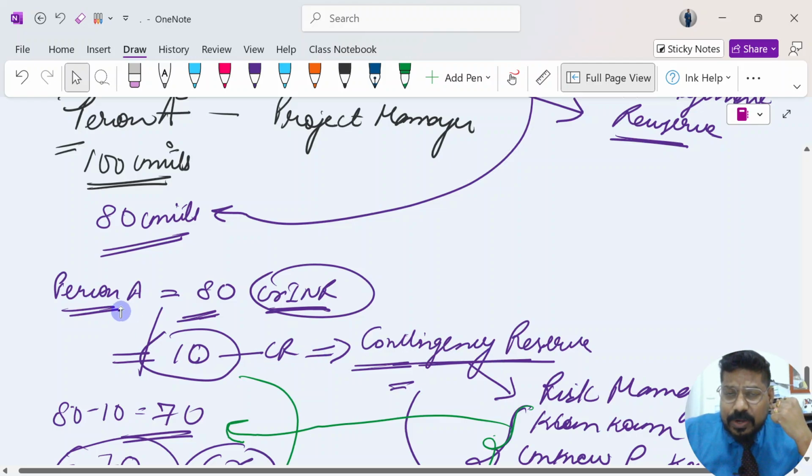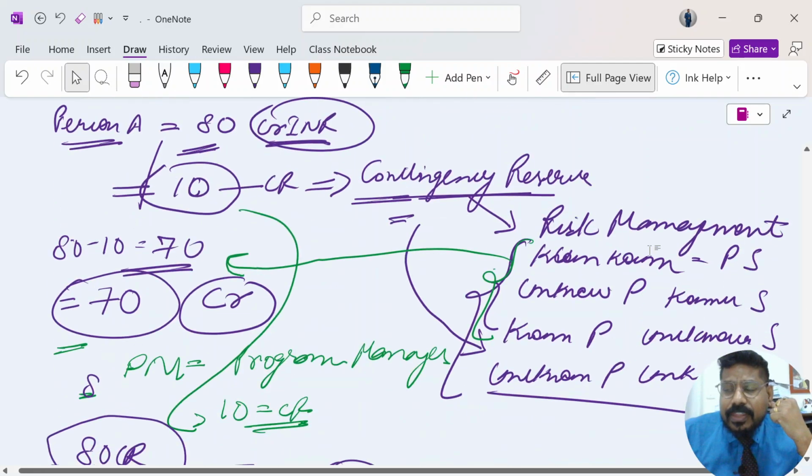So person A will budget to complete the project with 70. He will not include the 10, because the 10 is only for risk. What is risk? Anything which can affect your project positively or negatively is a risk. Normally there would be very rare situations with positive risk. Normally it will be negative risks, which are known as threats.